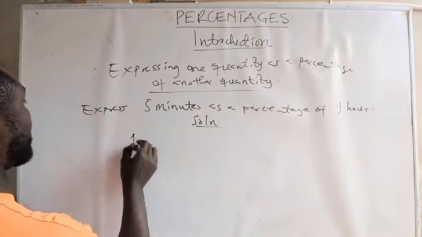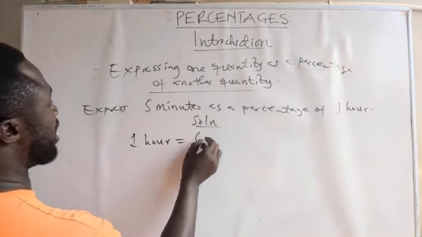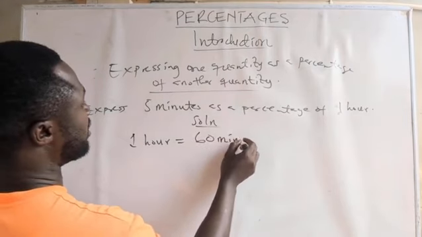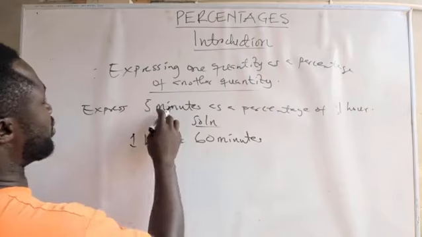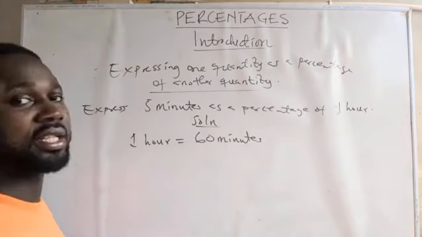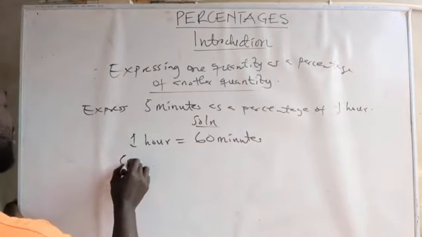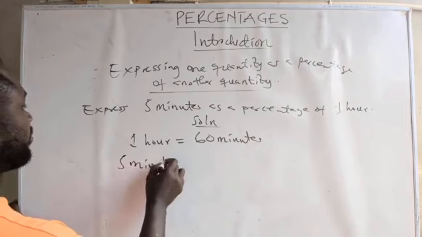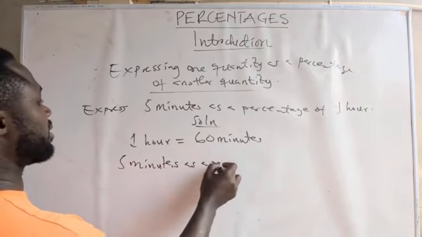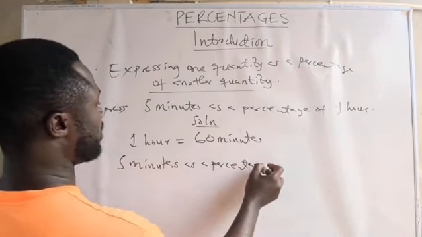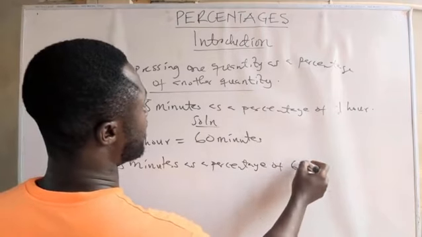So 1 hour is equal to how many minutes? 60 minutes. And you are supposed to express 5 minutes as a percentage of 60 minutes, which is 1 hour.